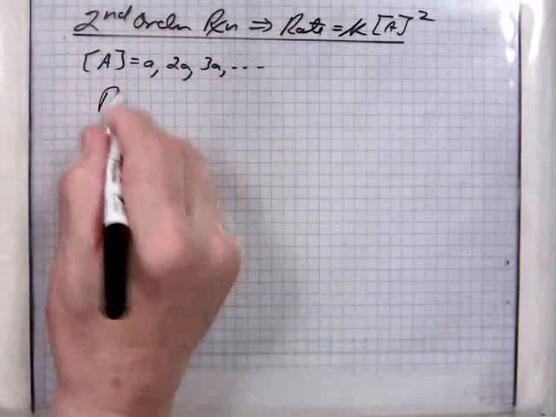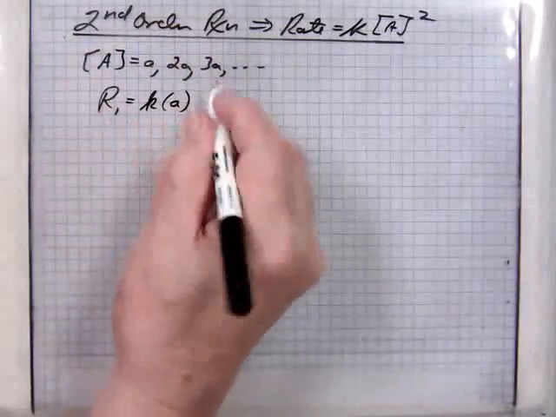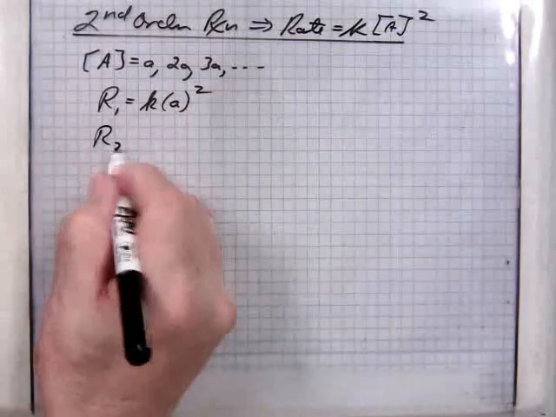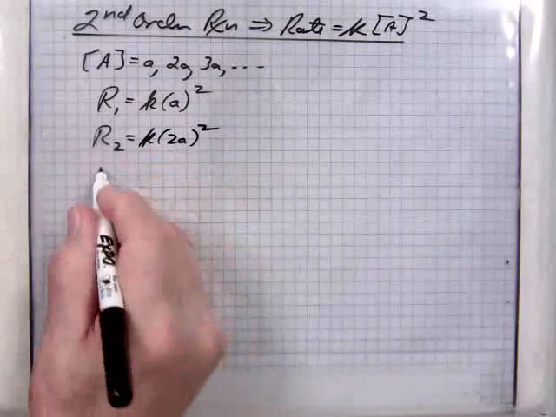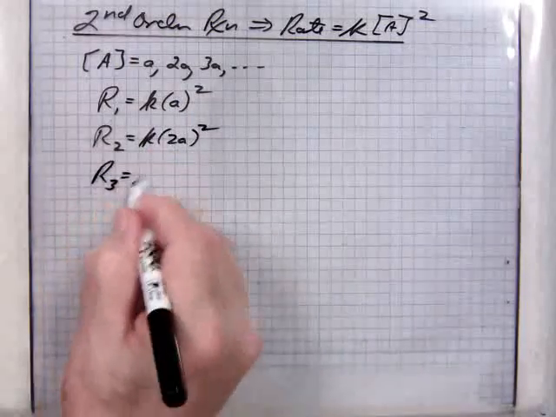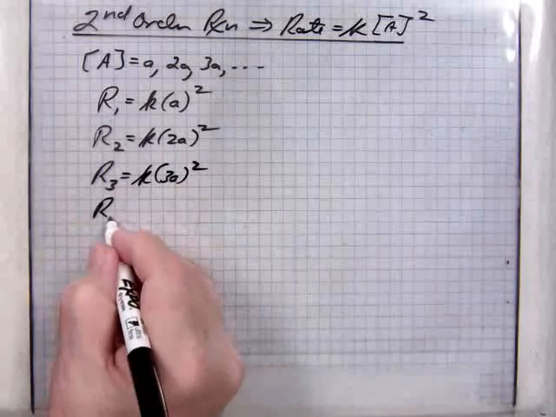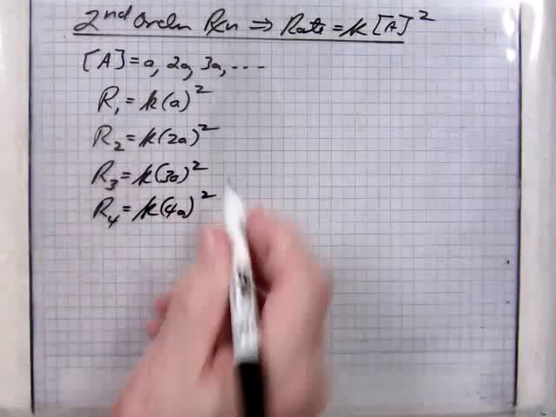So rate 1 is K times A squared, and that's our reference. Rate 2 is K times (2A) squared, and rate 3 is K times (3A) squared. If you want to go to rate 4, K times (4A) squared.